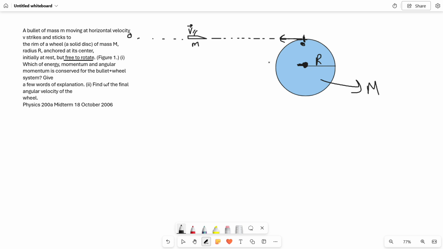That's why potential energy is not that important at all. But kinetic energy is really important.